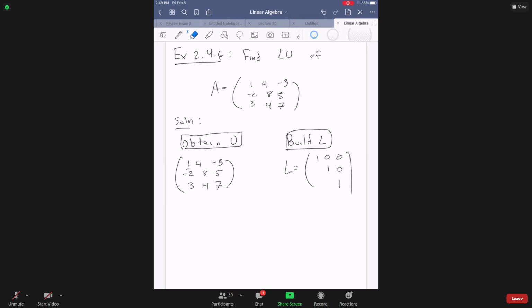Since I'm running out of time here, I'm just going to give you the first step, and you're going to repeat this. Again, try to reduce this down to REF, only using multiples of rows added to each other. So I'm going to get rid of that negative 2 by doing 2R1 plus row 2. If I do that, I get 1, 4, -3; 0, 16, -1; 3, 4, 7.